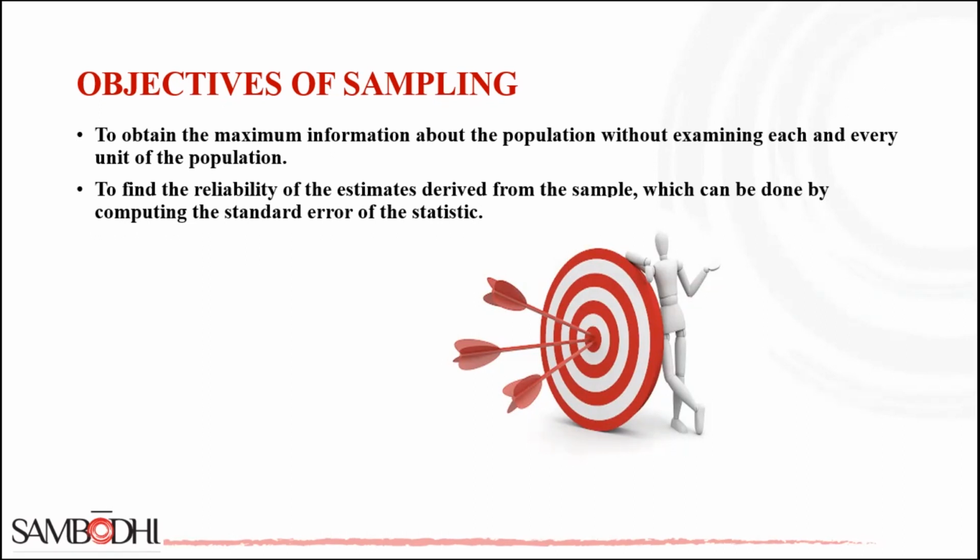The sample must also be adequate in size, in fact, no more or no less. So this will help you obtain the maximum information about the population without examining each and every unit of the population. So to find the reliability of the estimates derived from the sample, which can be done by computing the standard error of the statistics. So this gives you a better idea.